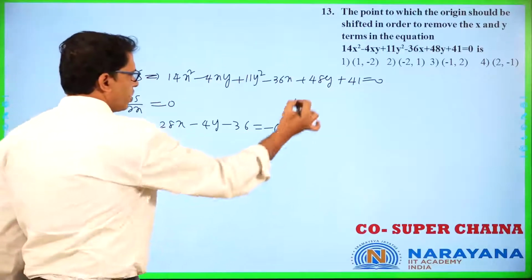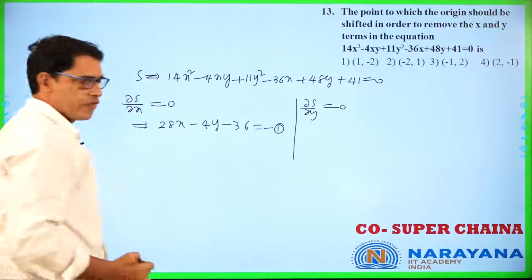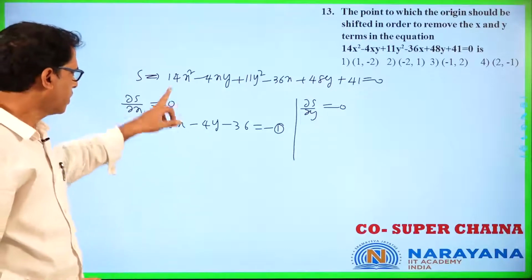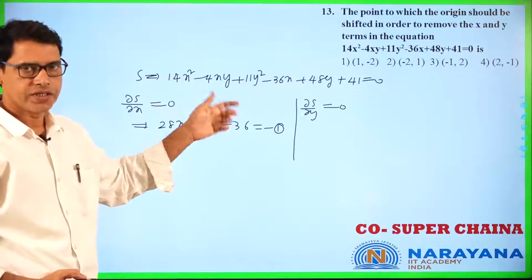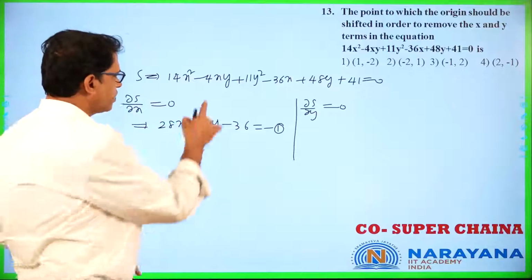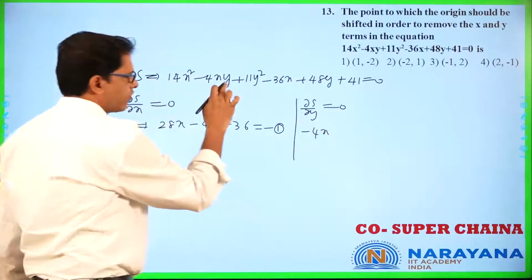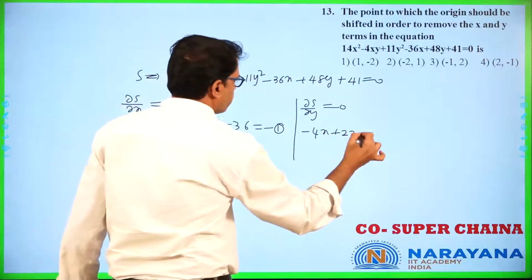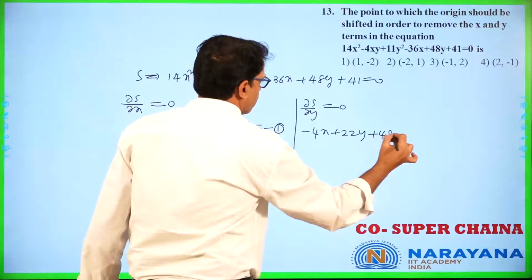Next, similarly, dou s by dou y equals 0, differentiating partially with respect to y. With respect to y, we treat x as a constant. This will be the constant 0. So x constant means minus 4x into the derivative of y, 1. The derivative of y square is 2y, so plus 22y, 0 plus 48 equals 0.